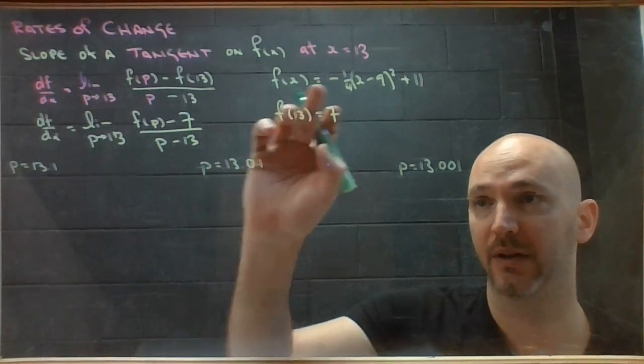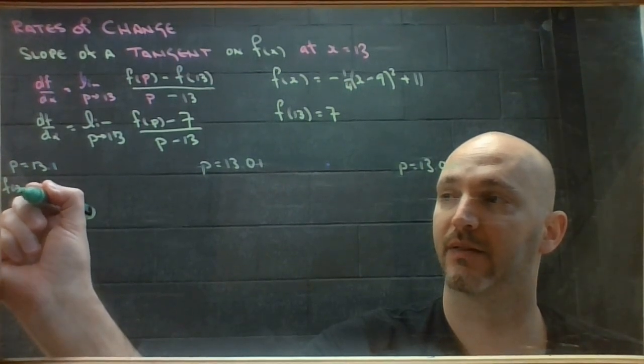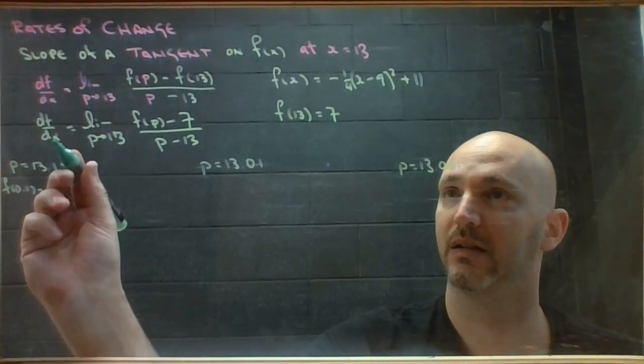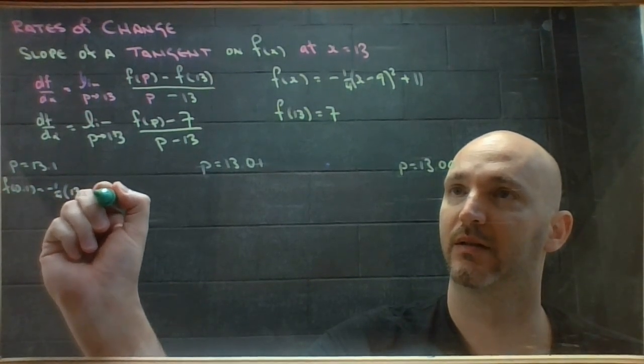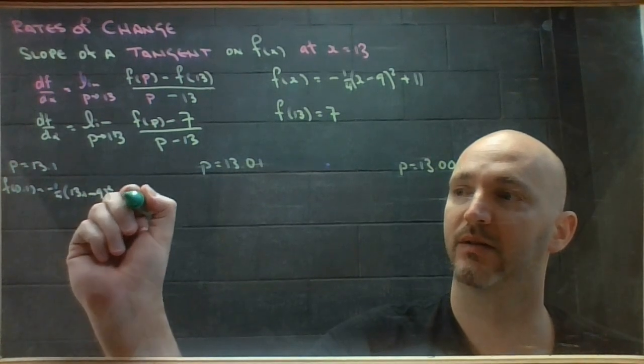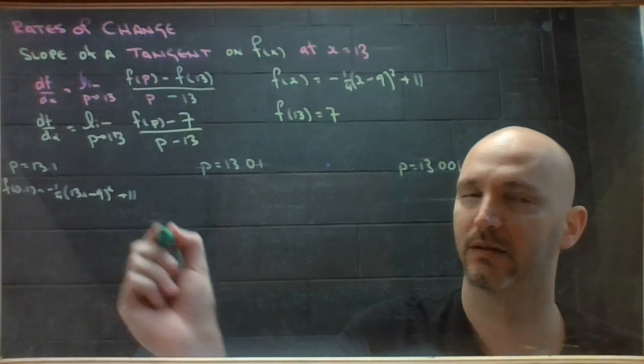So I'm going to put that one into here. F at 13.1 would be -1/4 of (13.1 subtract 9) squared plus 1. Oh, also it's 11.